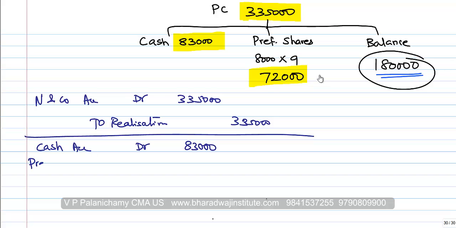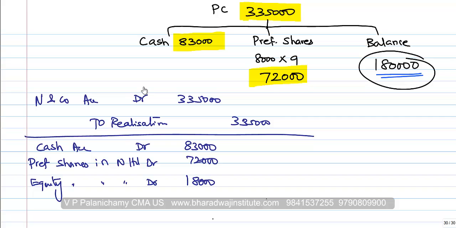Preference shares in Nanak Limited account debit, how much? 72,000. Equity shares in Nanak Limited account debit, how much? 1,80,000, to Nanak and Company Limited account, 3,35,000. In the adjustment it is given how the preference shares and the equity shares are distributed. We'll come to that later.